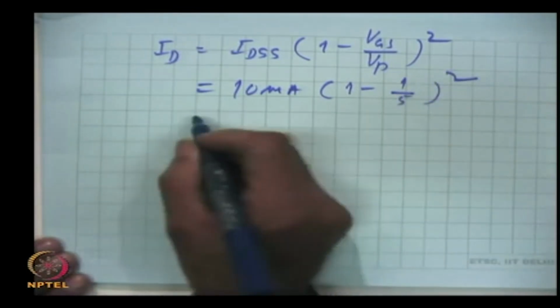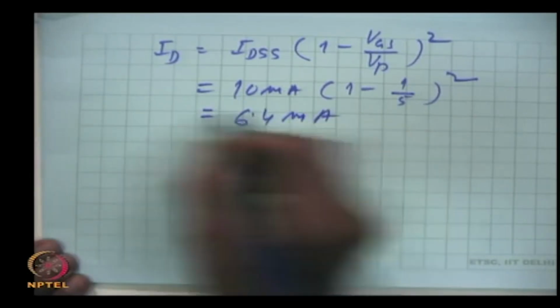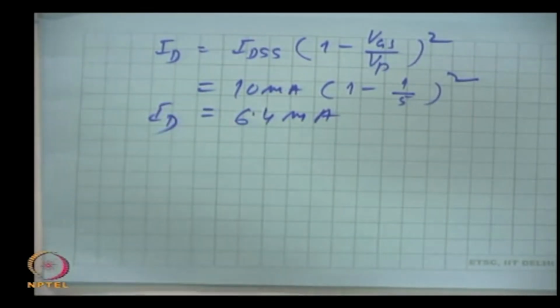When we solve it, it comes out to be 6.4 milliampere. This way the problems can be handled. So, this is about junction field effect transistor.